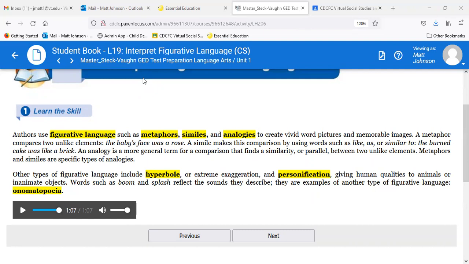Personification, right? Giving human qualities to an animal or an inanimate object. We encounter these things so much that we don't really even think about their definition, but they all have particular meaning. And then onomatopoeia. That one's fun. I always think about comic books, right? If you see a comic book or a graphic novel, they'll have a word across a panel in all caps with exclamation points, like boom, pow, bang.